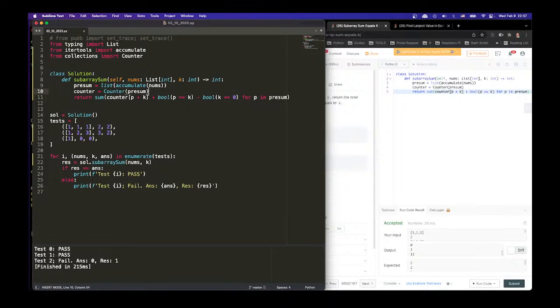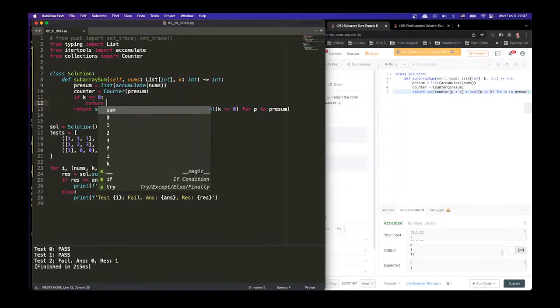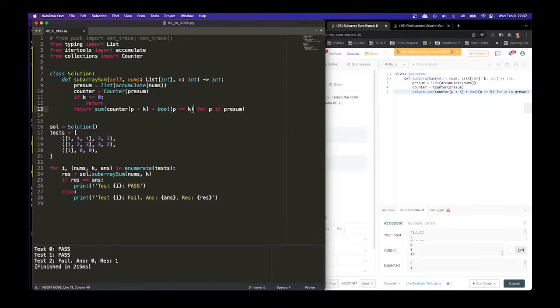Maybe I think it'll be better. We just say if k equal to 0, right? So return this one minus 1, because k equals 0.